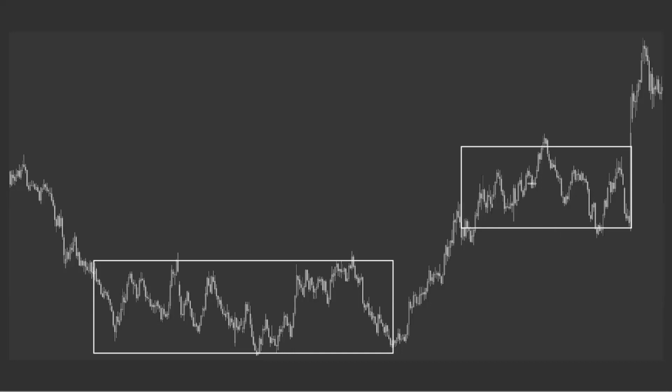But inevitably what happens is that the liquidity on the top side of these ranges, the sellers, those sellers are going to run dry, and price will drift up and away from these levels, so it will break out.